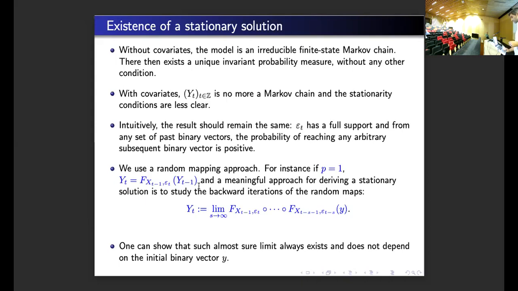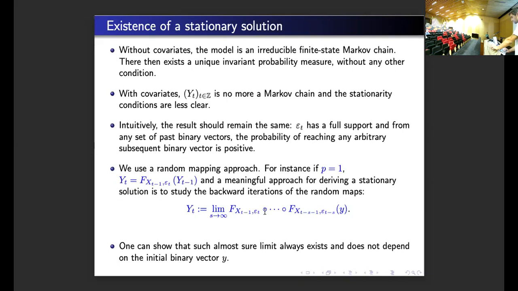What I do to study this, I use something which is called a random mapping. So if you consider Y at time t, that is a binary vector, you can always write this. It is a vector of indicator functions, but it is simply a random function which depends on the covariate, on the noise, and on the previous binary vector. And then if you want to find some stationary solution, one classical approach is to run the backward iteration.